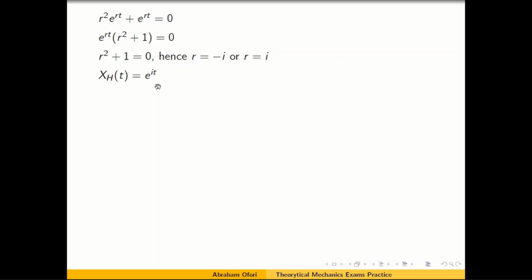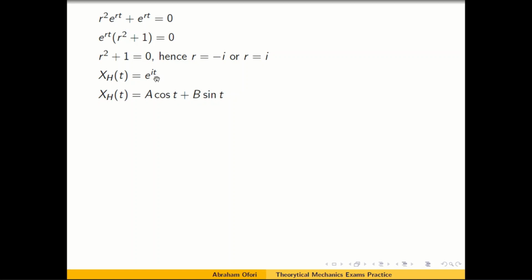Now we stated that our xh of t is equal to e to the power rt. So r is what? Plus or minus i. I said in the first example that you take just one, the positive part of the complex number. So you take the plus i, and it becomes e to the power it. From complex numbers, I can write xh of t as cos t plus i sine t.